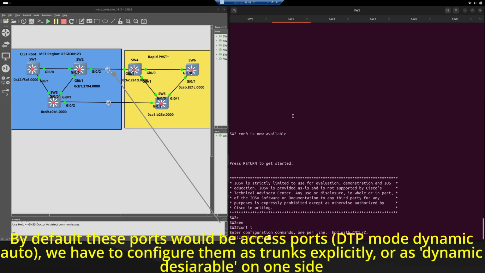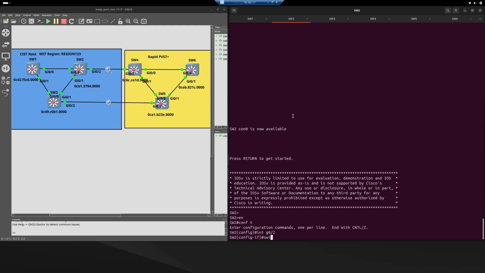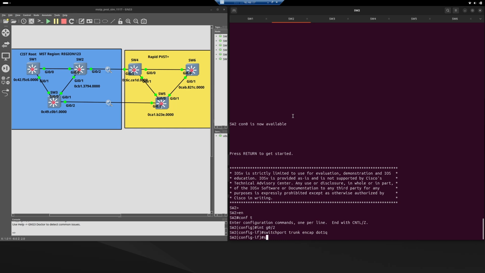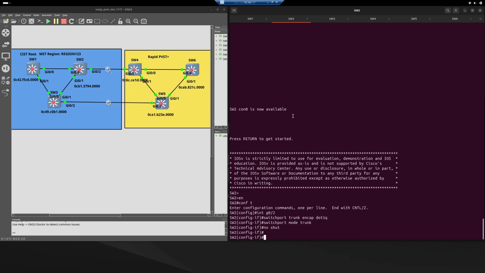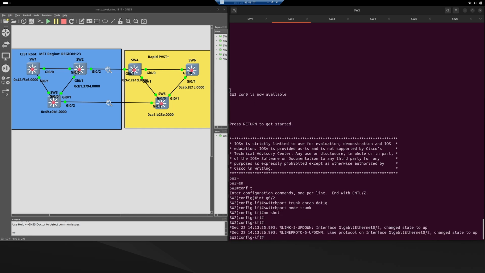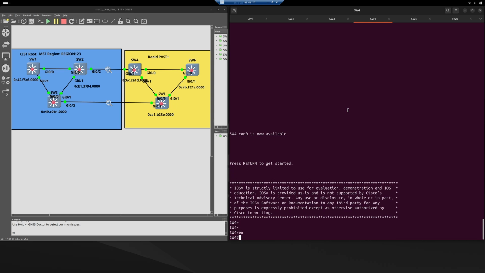So interface G0/2, switchport trunk encapsulation dot1q, switchport mode trunk and no shutdown. And we issue the same commands on the other side as well.